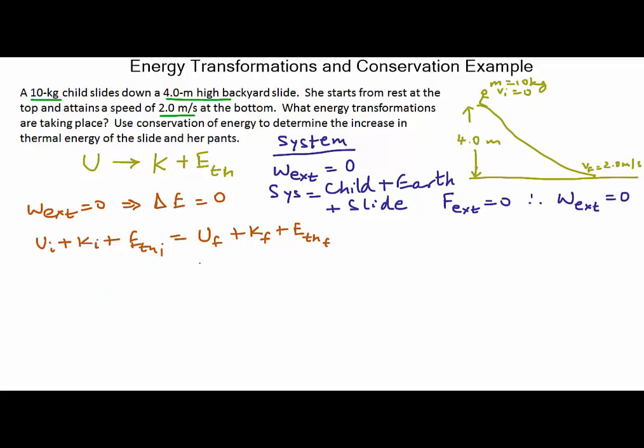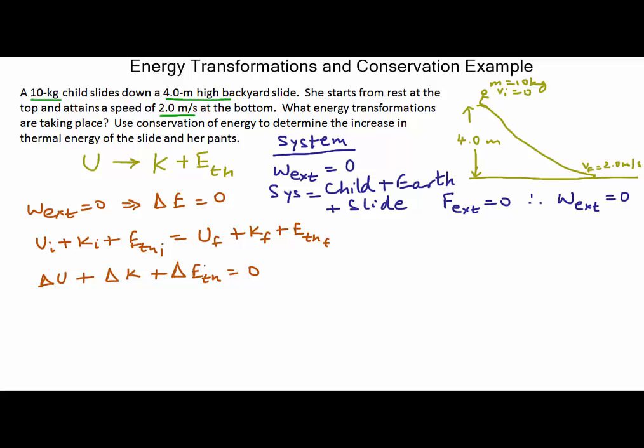I can rearrange this to get Uf minus Ui, Kf minus Ki, and E thermal f minus E thermal i. So I can write this as change in potential energy plus change in kinetic energy plus the change in thermal energy is 0. That's what we mean by saying the total change in energy is 0.